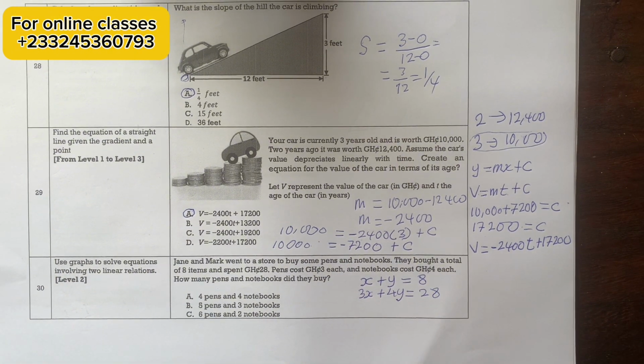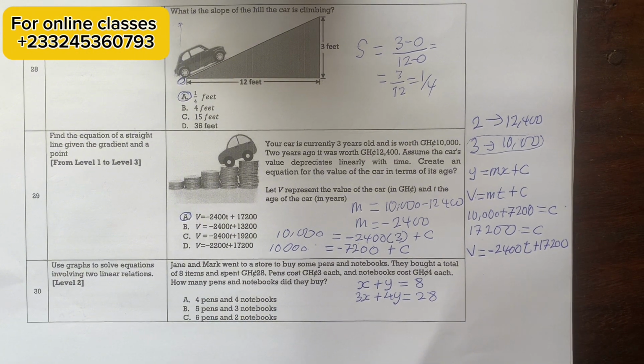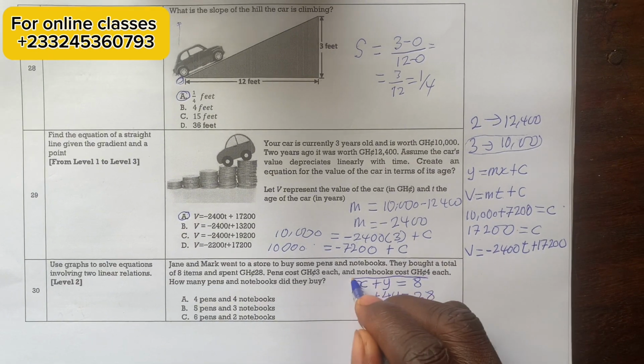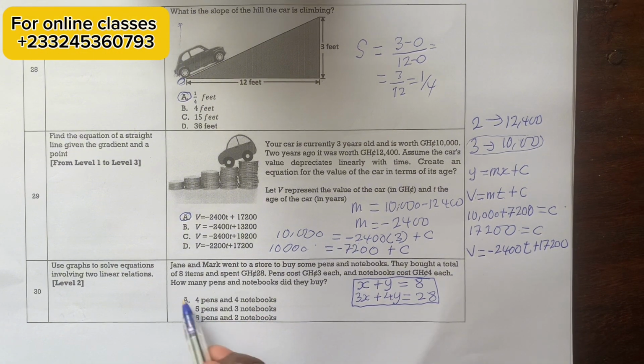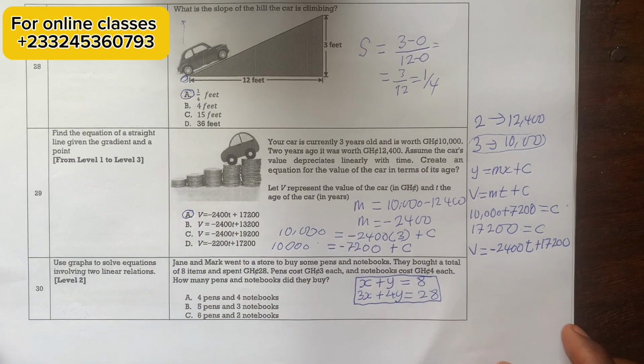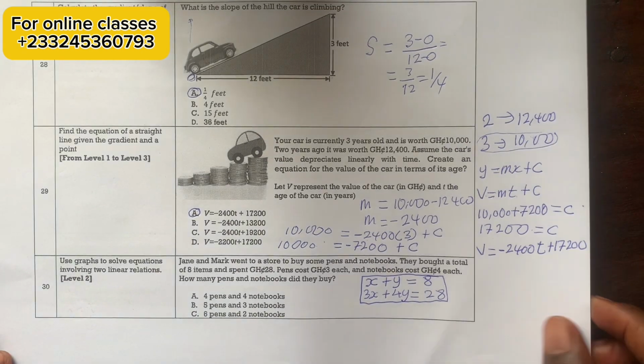Yeah, that is it. There are 8 items, and then we have this one. So what do we do? Solve this simultaneous equation step by step and leave your answer in the comment section. The answer will give you either A, B, C, or D. So we solve this simultaneous equation and you'll get it there.